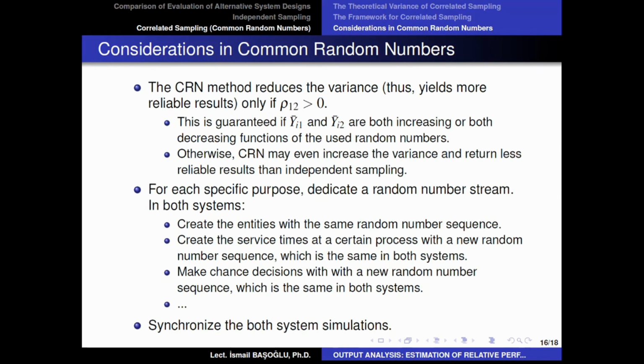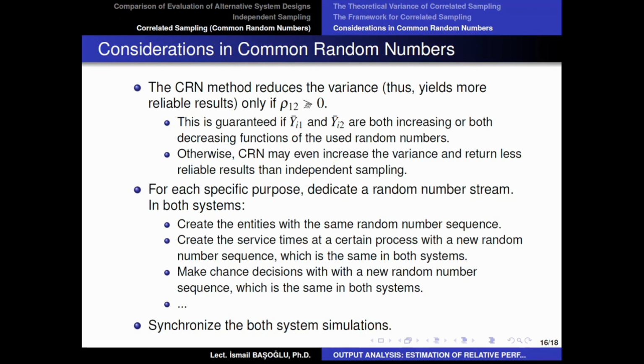So they are either going to be an increasing function or decreasing function, but there are some exceptions as well. For example, if the simulation function which transforms the input variates is a nonlinear or non-monotone transformation, sometimes we may observe negative correlation in the simulation outputs.